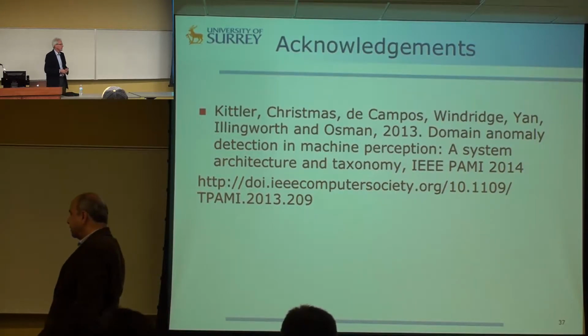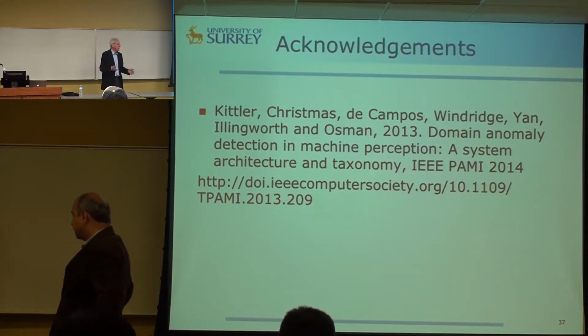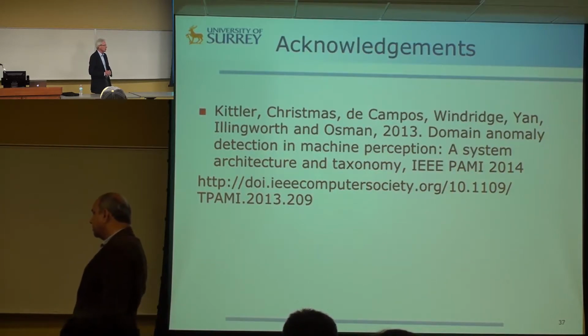So the mixture you're saying is of what? Like normal and abnormal? The mixture can be anything. If you have multiple classes, then the mixture will be just the union of all the class conditional distributions.